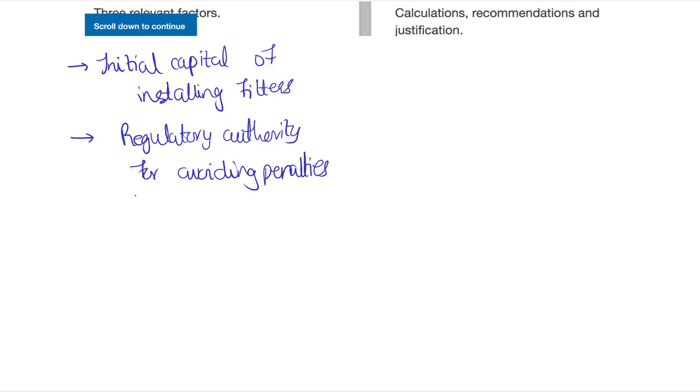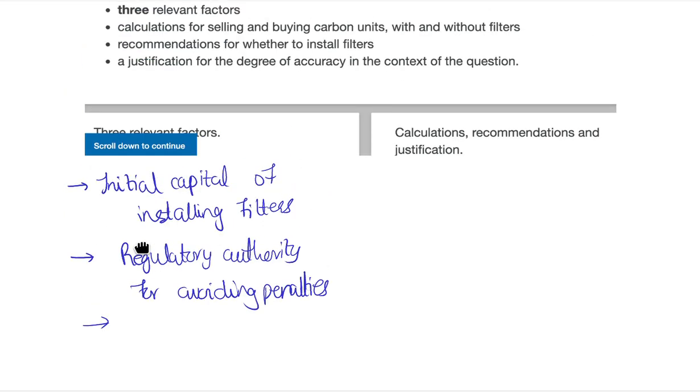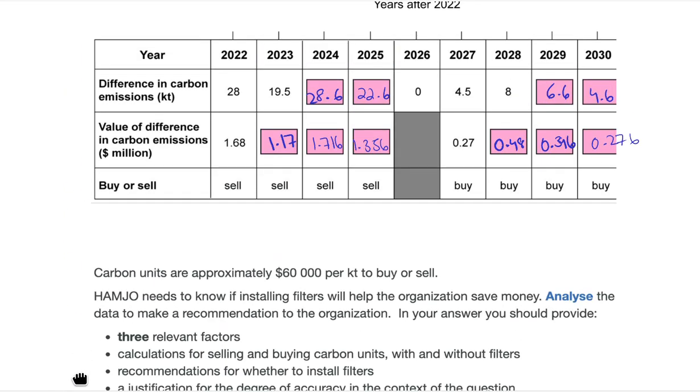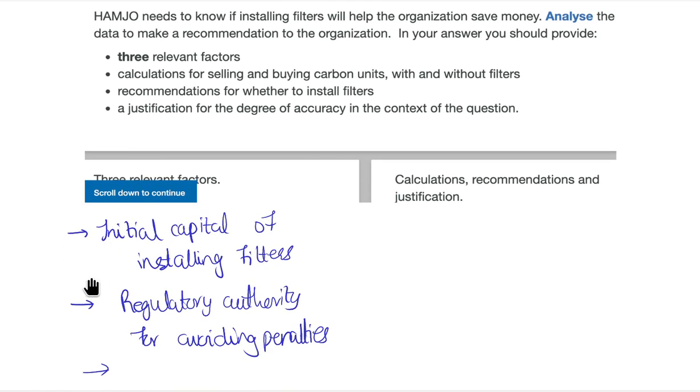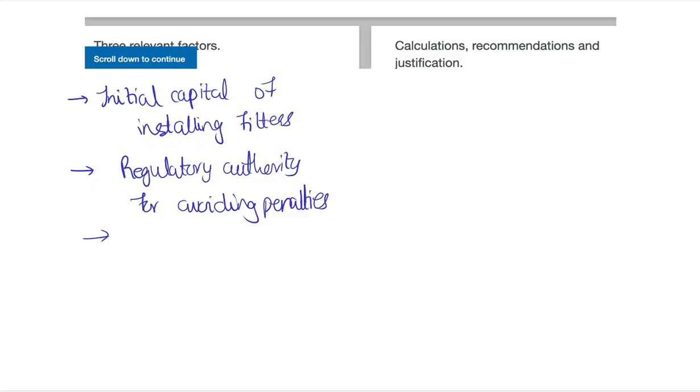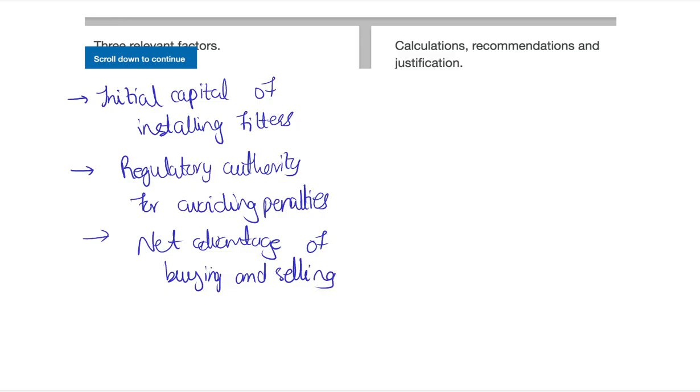We can also talk about the net advantage of buying and selling. These three would be the three factors.